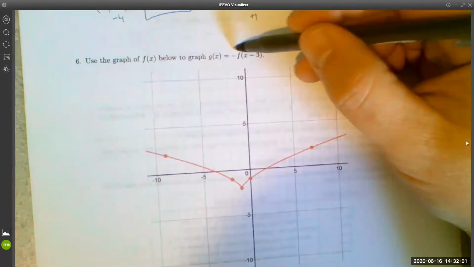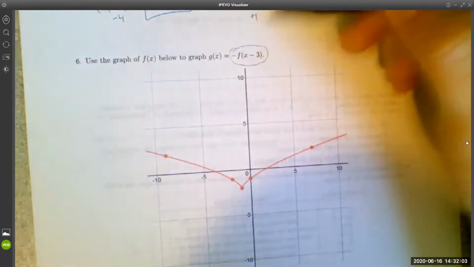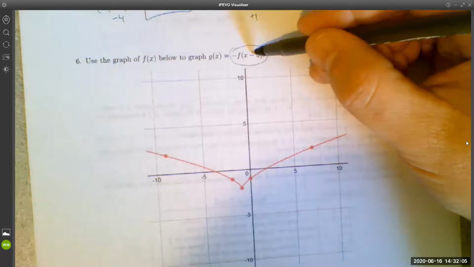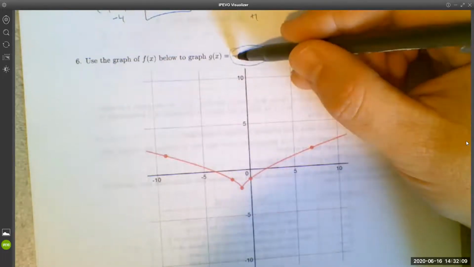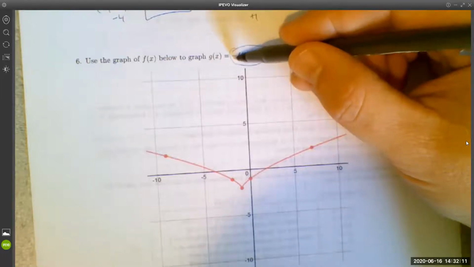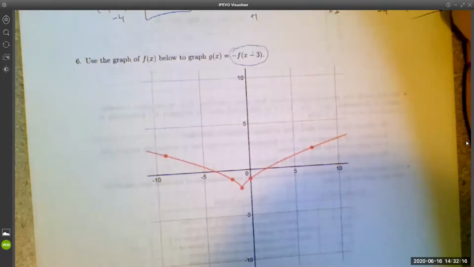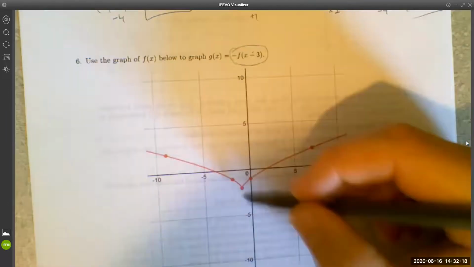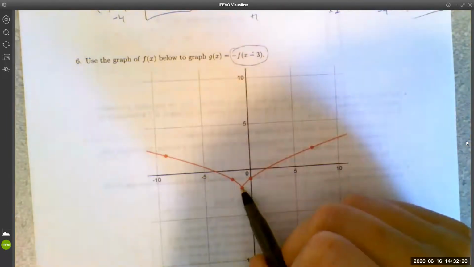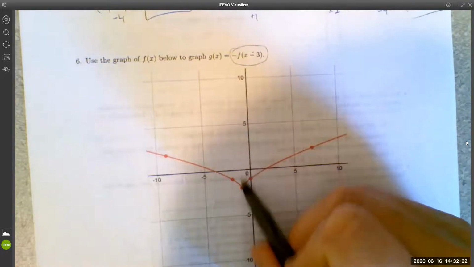If you look at this, it's going to shift all of the x coordinates to the right 3 units, and then it's going to flip all of the y coordinates over, because it's going to change the sign of the y coordinates. For example, I have this point at -1, -2.